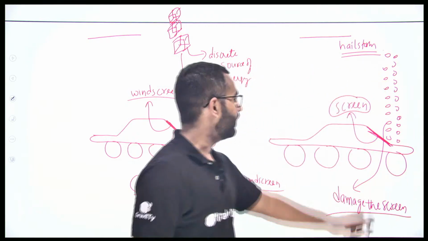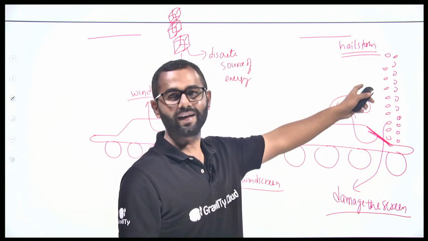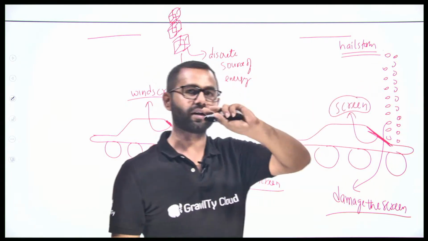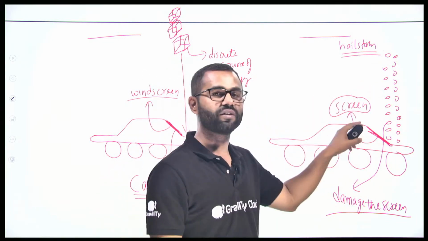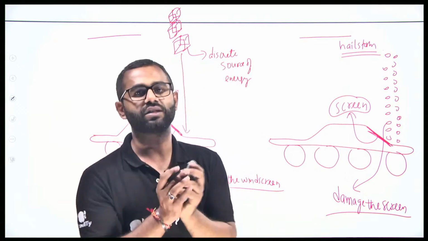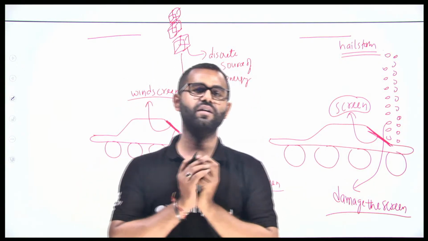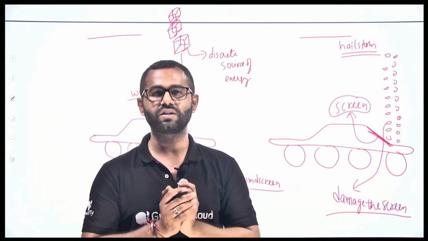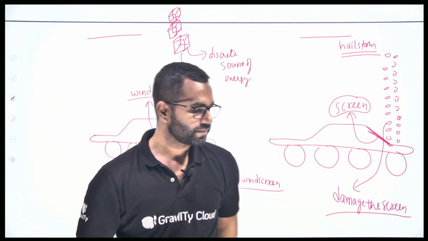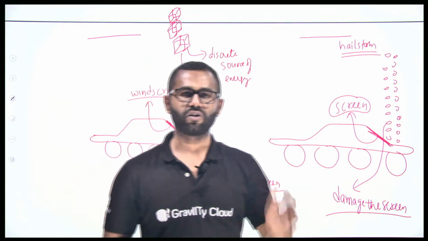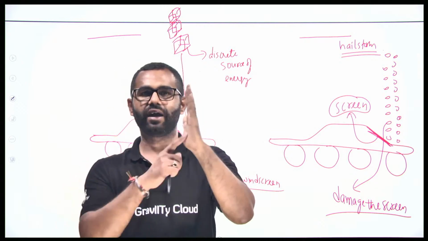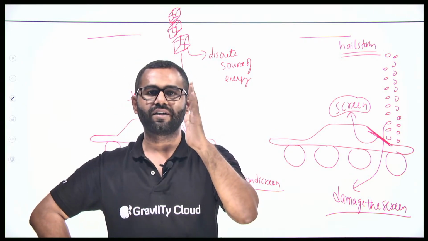But you see, when the hail, the snow particle, hits the surface of the windscreen, it transfers the energy. What is the meaning of transfer of energy? See, simple. Right now, this is my hand. This hand is stationary. It's not moving.